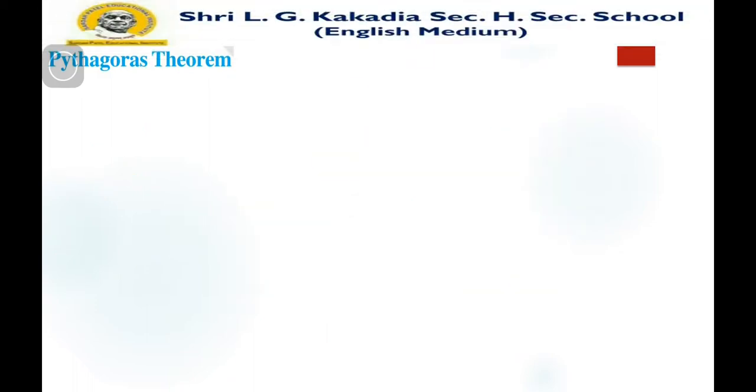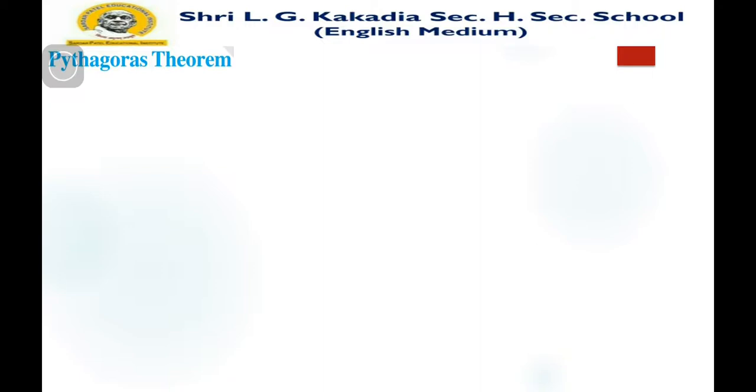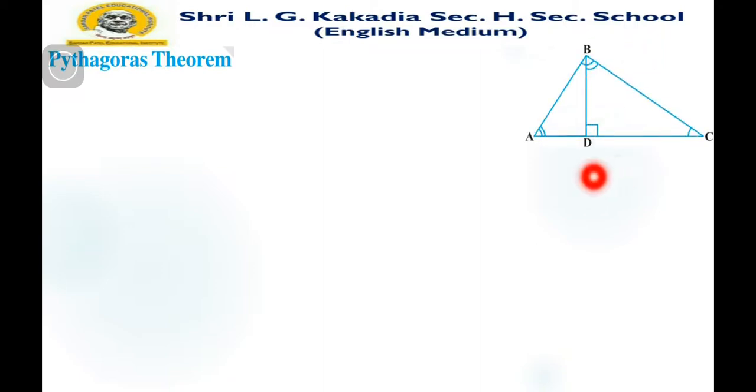First, there is given a right triangle ABC, and we draw a perpendicular from the vertex of the right angle on the hypotenuse AC.